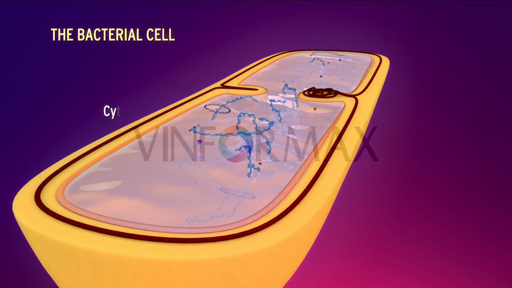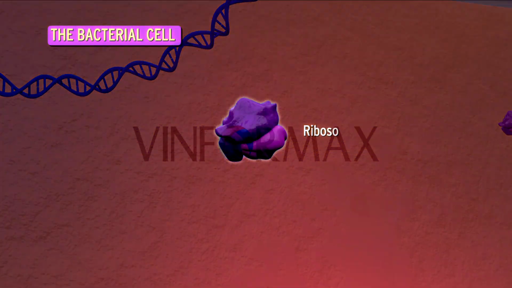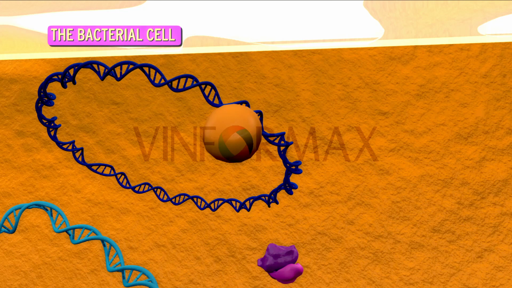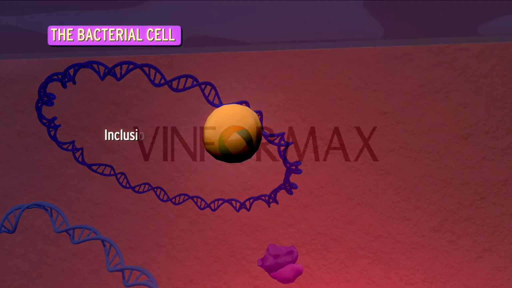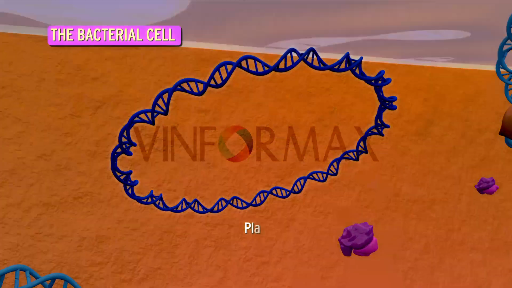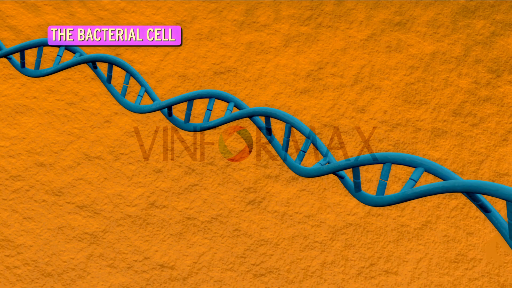These enclose the cytoplasm containing ribosomes and other intracellular structures including inclusion bodies, plasmid, and the chromosome.